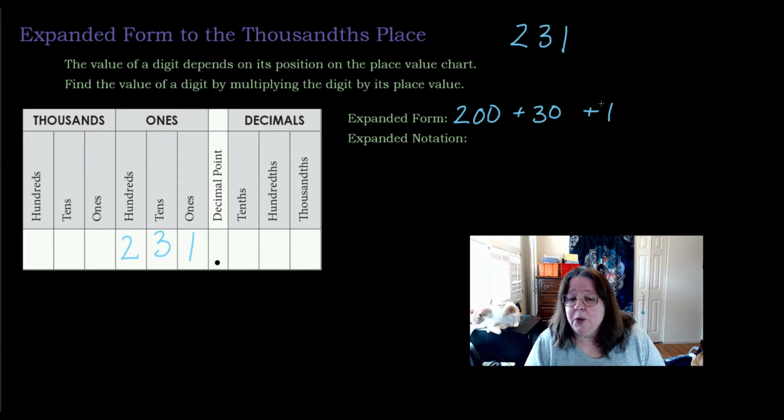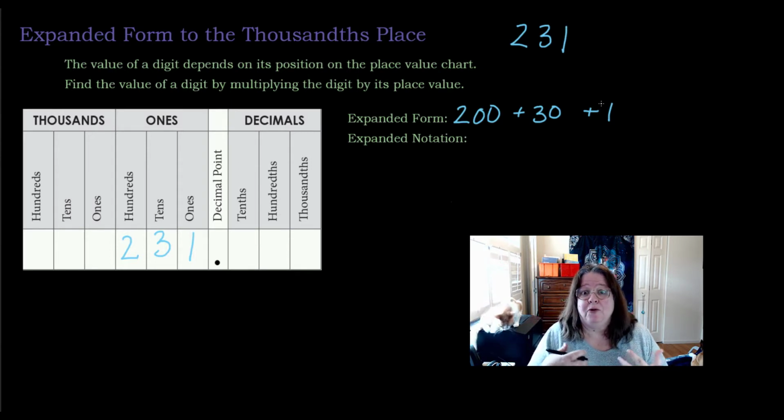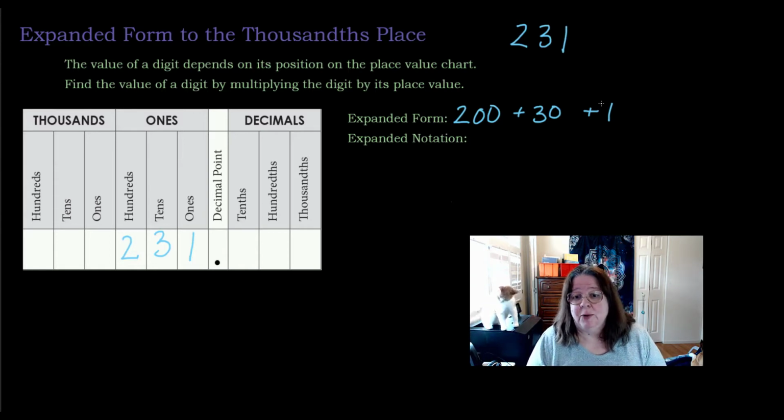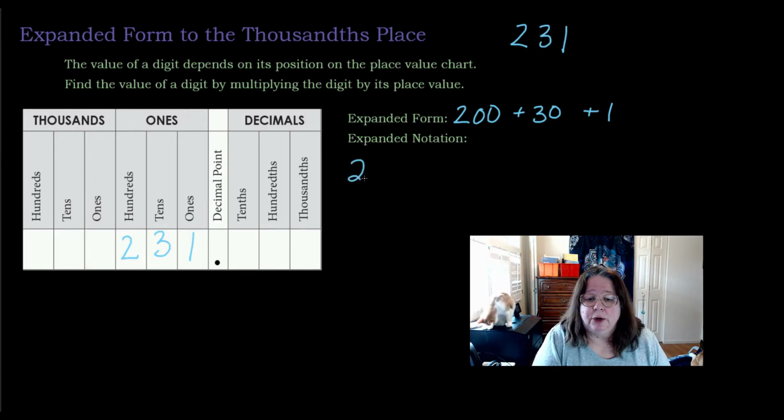But today we're going to look at the more formal definition, and we're calling it expanded notation. When you have expanded notation, you're breaking it apart even more. For example, if you have the number 231, we're going to say, oh, I have 2 hundreds, 2 times 100.